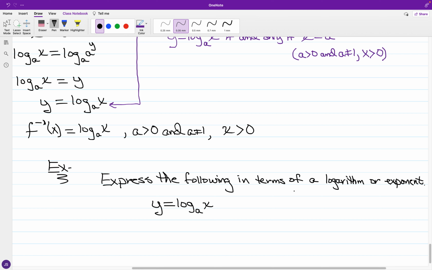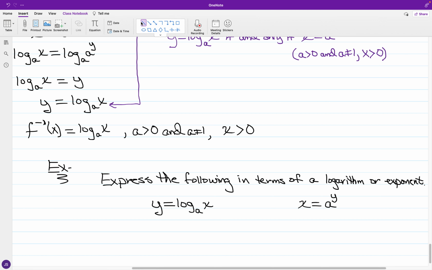So that y is equal to the base a logarithm of x, as well as x is equal to a to the y.